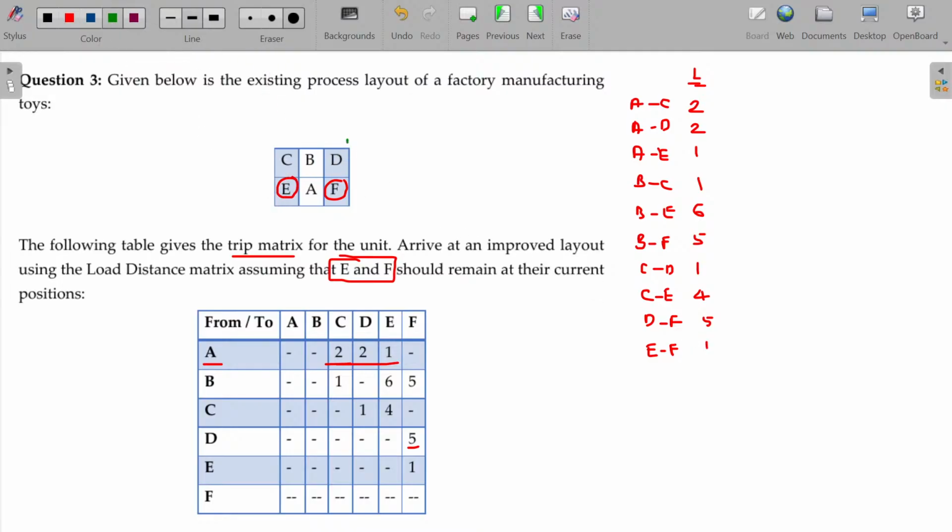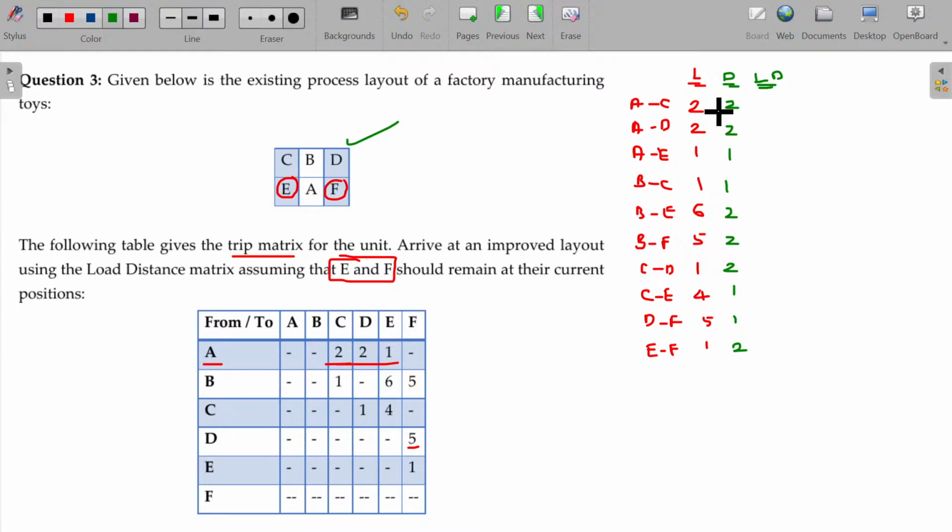Start with the distance here. A to C, distance being 2, A to D, distance being 2, A to E, distance being 1, B to C, 1, B to E, 2, B to F, 2, C to D, 2, C to E, 1, D to F, 1, E to F, 2. Now you can find out the load distance for the existing matrix.